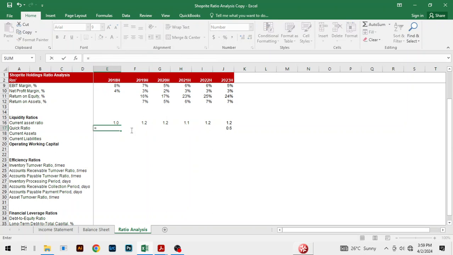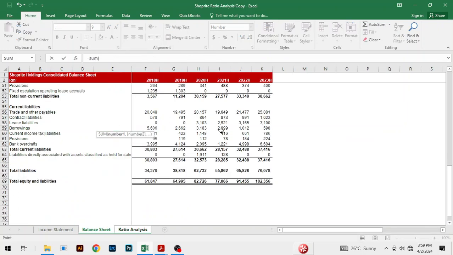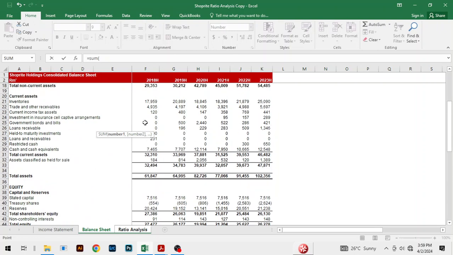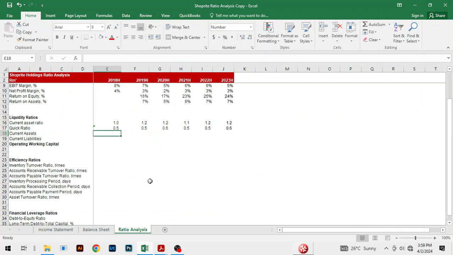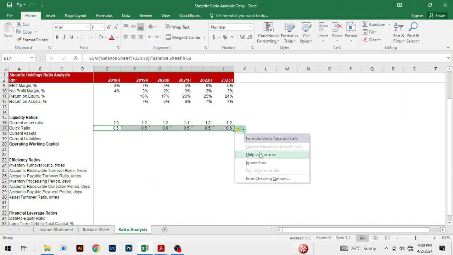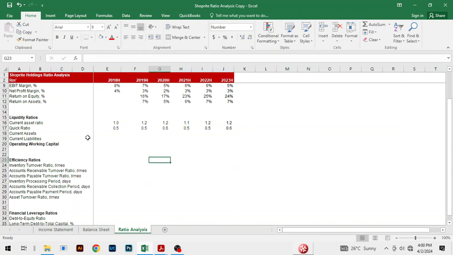So another way of computing this is we can come here again under current assets, and then we neglect that, and then we just highlight here, and then we say divide by this. So we can still compute that, it will still work. Okay, so let's just ignore that.